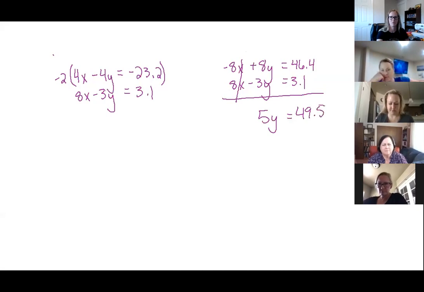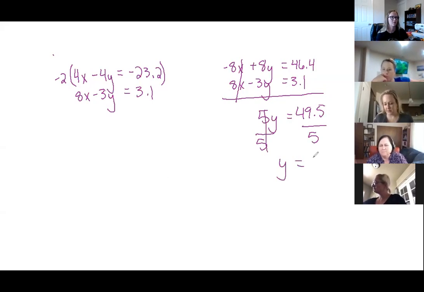Then we divide 49.5 by 5, and we do end up with a decimal answer, 9.9, right? Yes, 9.9. We had decimals in the equation, so a decimal answer is not surprising. If there's a decimal in the equation, don't be surprised if there's a decimal in the answer.